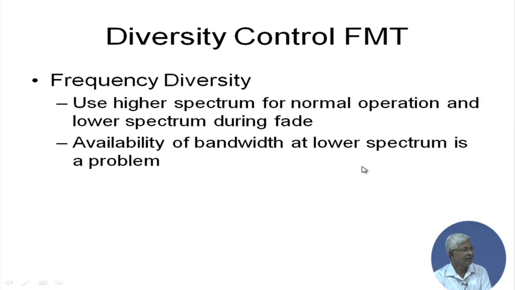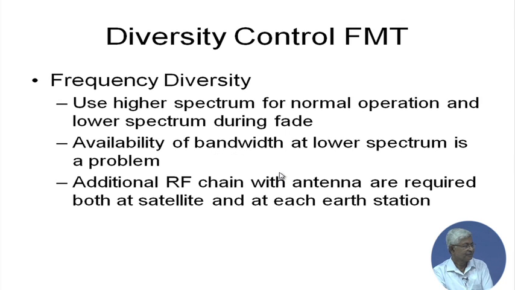So at higher and higher bands you have larger bandwidth allotted. So if you are operating at a higher band and suddenly try to change over to a lower band, you may have some problem of bandwidth at the lower spectrum. And then of course, as I mentioned, additional RF chain including the antenna is required both at the satellite and at each station.